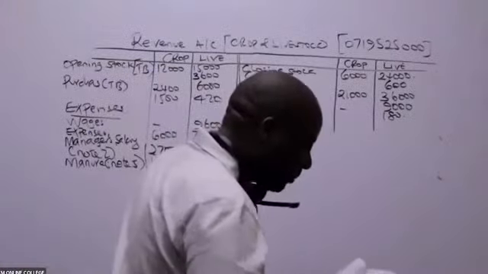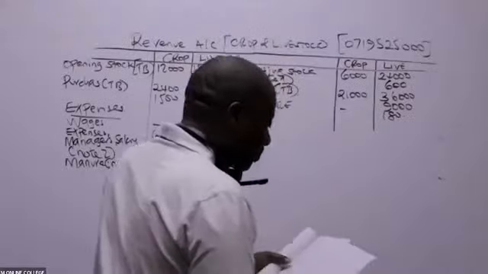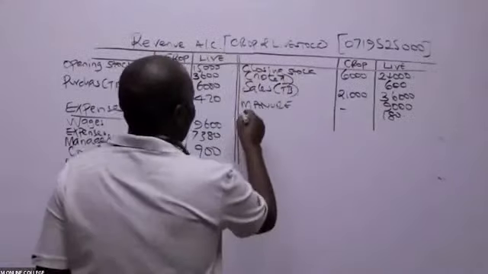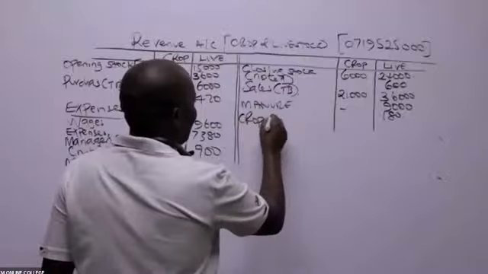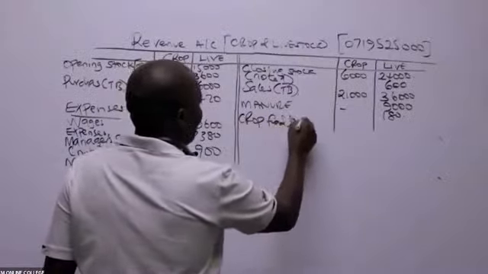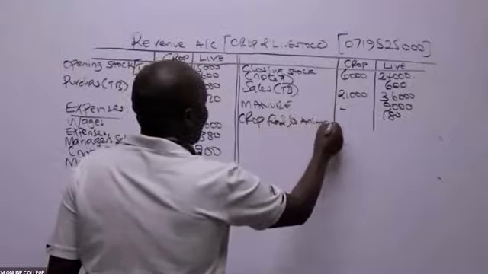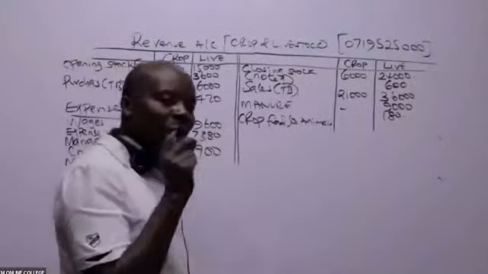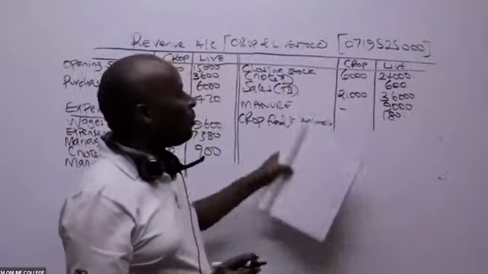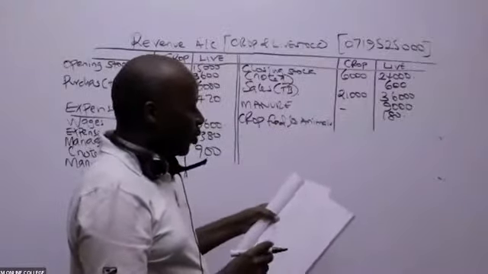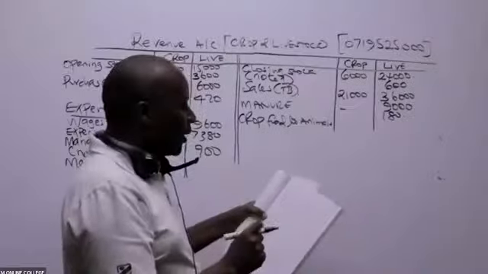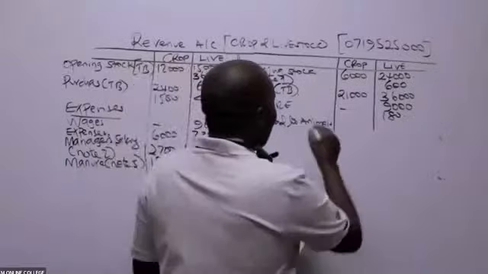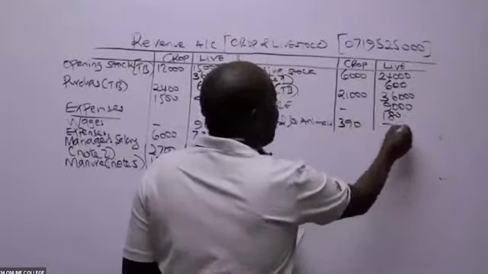So in this case here, crop fed to animals. And this crop is an output from the crops here. All right. And because the figures are in thousands, then you're going to capture this as 390.